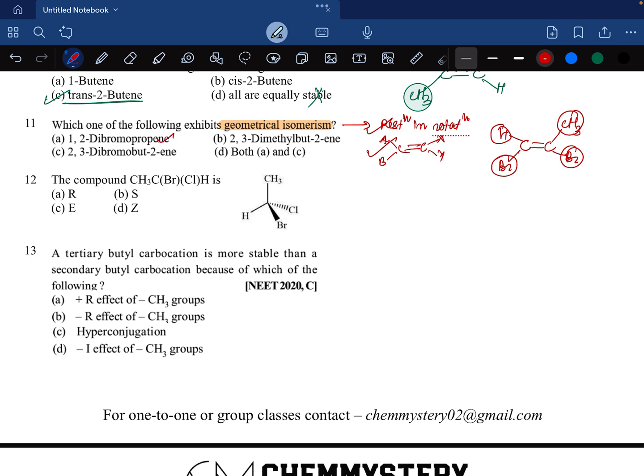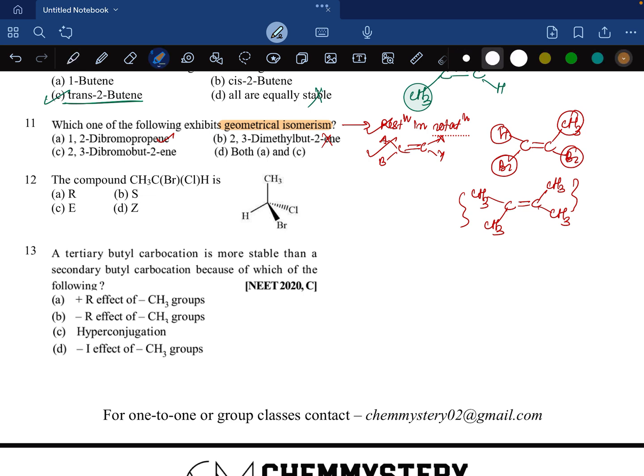Next one, if I check 2,3-dimethyl but-2-ene. Okay, but-2-ene. This is but-2-ene. 2,3-dimethyl. This is but-2-ene, and methyl group is present. 2,3-dimethyl. Groups are same. Will it show? It will not show. Next is 2,3-dibromo but-2-ene.